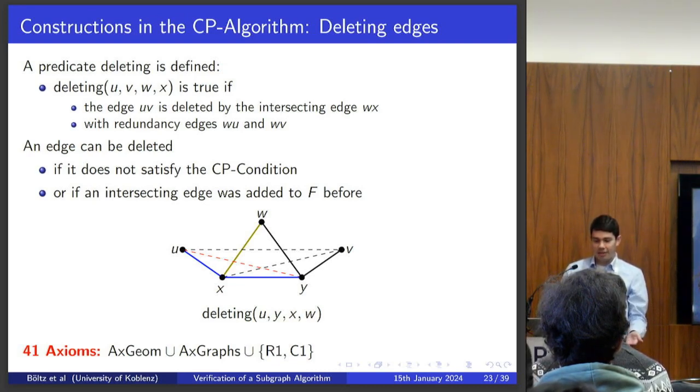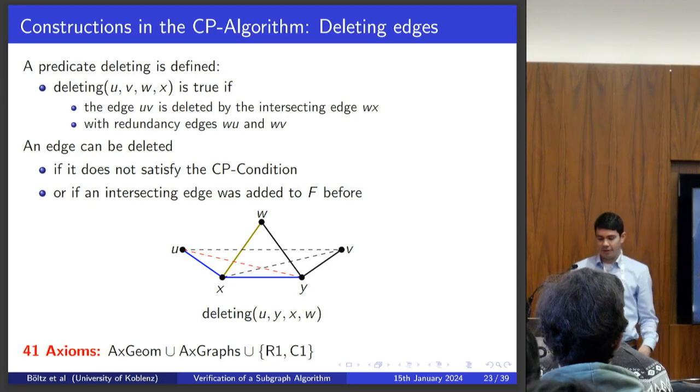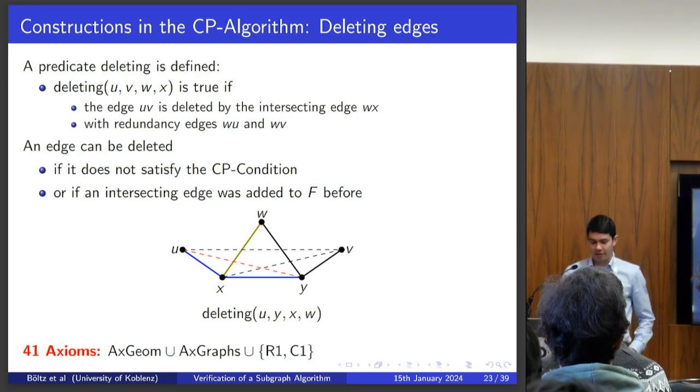An edge can be deleted for 2 reasons: either if the CP condition is not satisfied or if an intersecting edge was added to F before. Here's an example where the edge Uy is deleted by the edge Wx. And in total we have 41 axioms so far defined: the axioms for geometry, the axioms for graph, and this redundancy and coexistence property, which we use as input for all the proof steps.